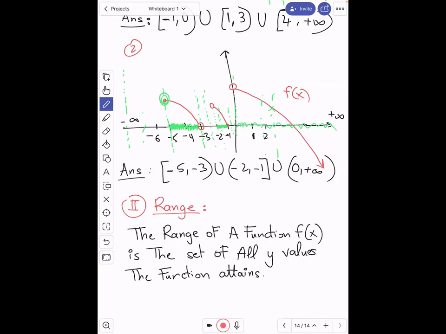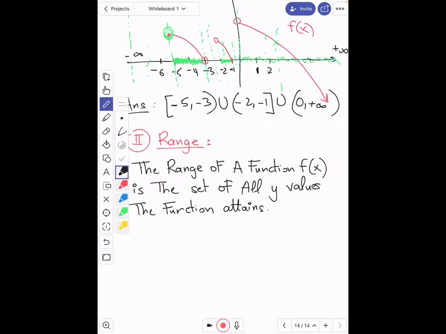Well, if you have some output y, so we have some value of y. So the idea here, let's say you take a number, let's say 5 is not in the range.